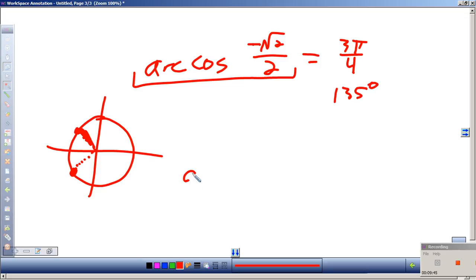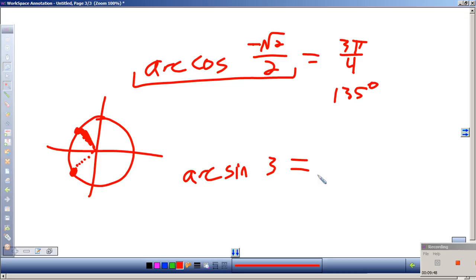How about this? Arc sine of 3. So at what angle does sine equal 3? Want to take a guess?